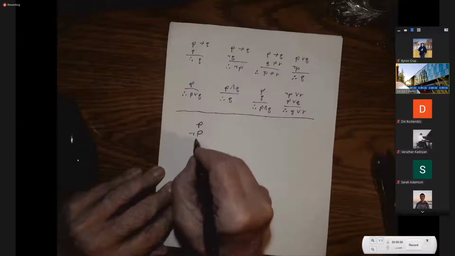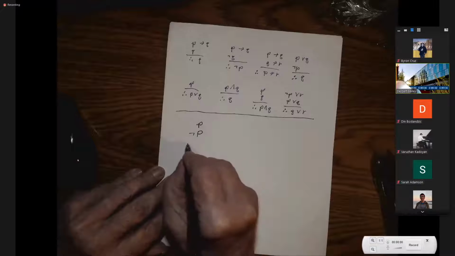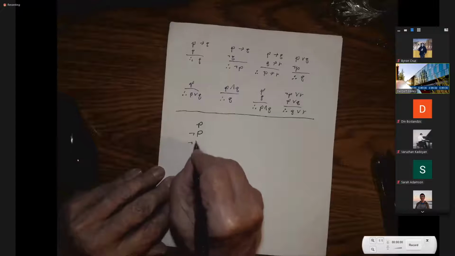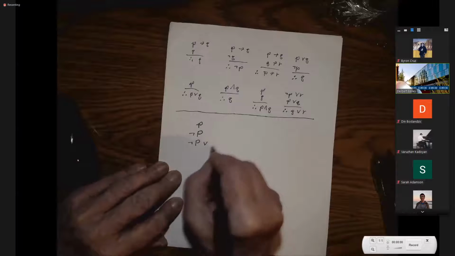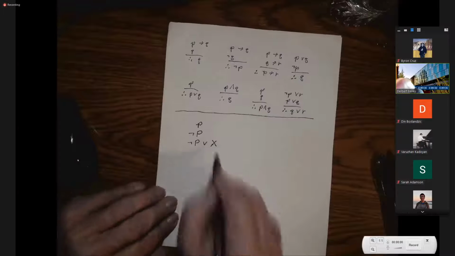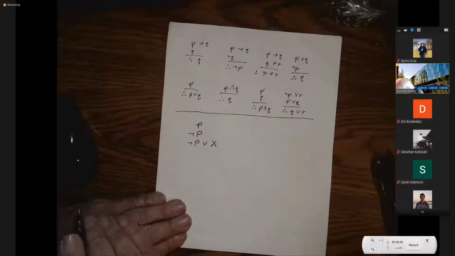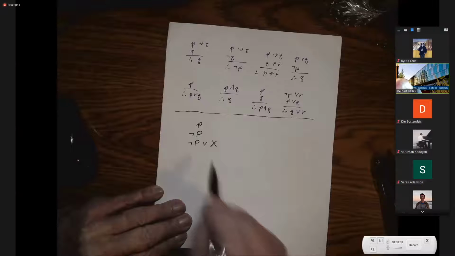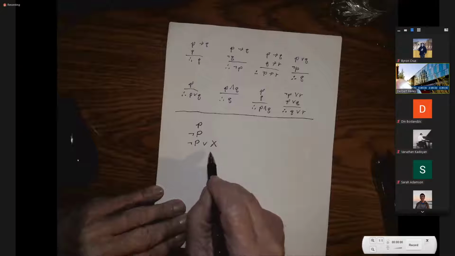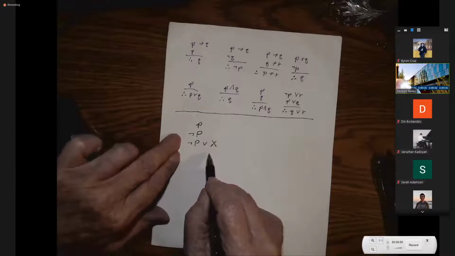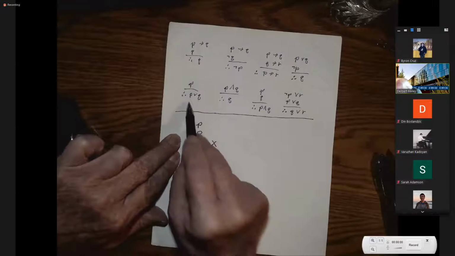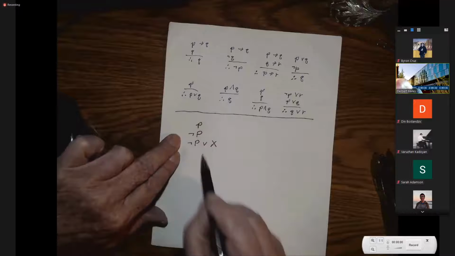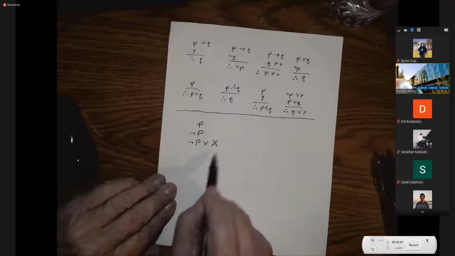What I want to go to is from the fact that not P is true, then it must be the case that not P or, let's say, X is true, where we don't know the value of X, right? Okay, and that one followed from this one right here, right? If P is true, then P or anything is true. So if not P is true, then not P or anything is true.